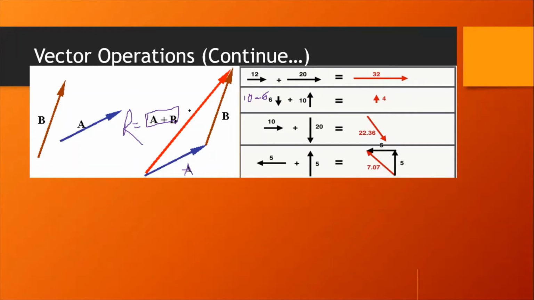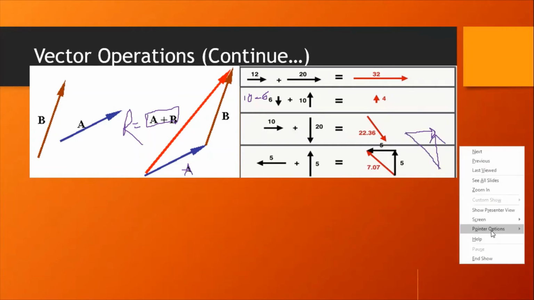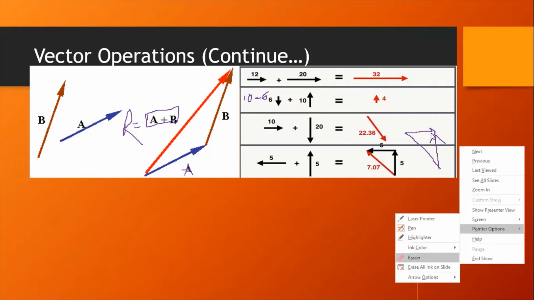Now you can see this is the horizontal force and this is the downward force, but in this case, we cannot simply add them. What we have to do is attach them like this, head to tail. Let me do that, let me rub it.